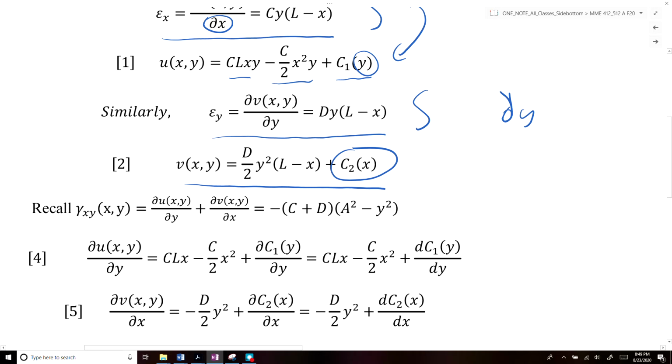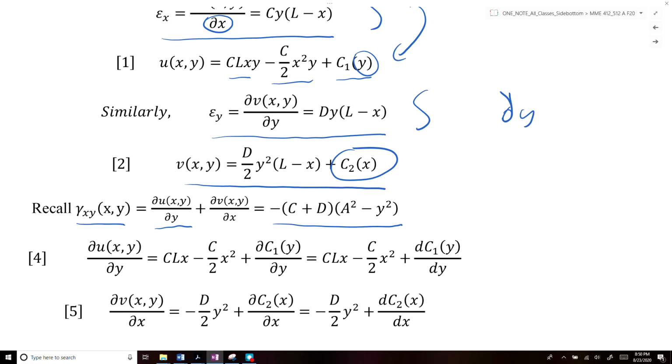And then our last one, we were given that gamma xy was equal to minus c plus d times a squared minus y squared. But we also know that it's equal to the sum of the partial derivative of u of x,y with respect to y, plus the partial derivative of v of x,y with respect to x.